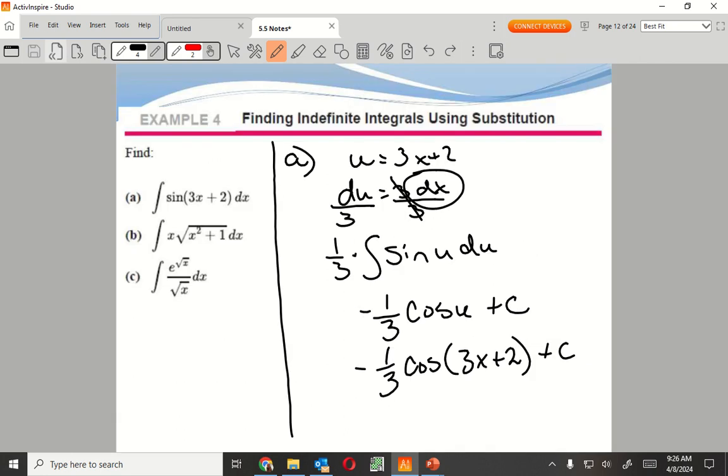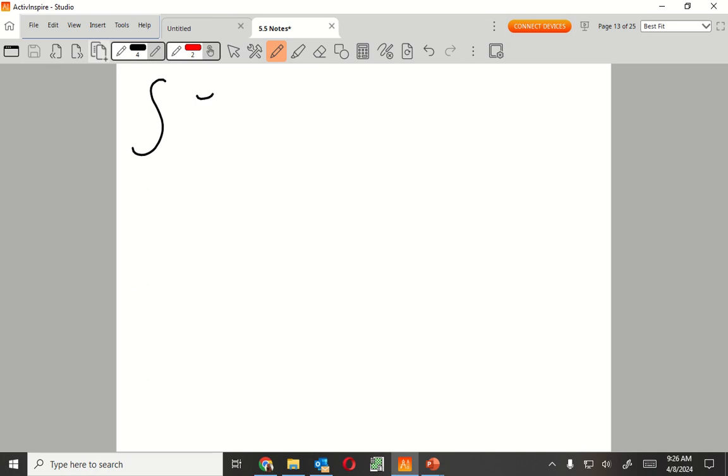Last one, e to the square root of x over square root of x. This one gets complicated, doesn't it?